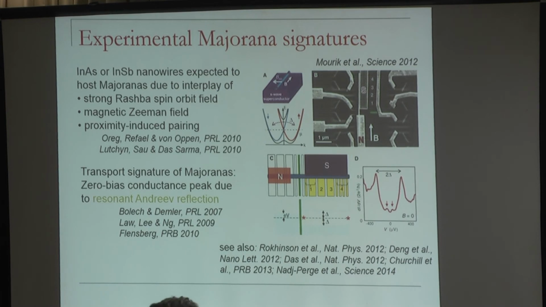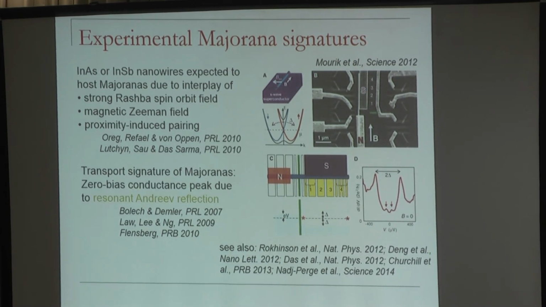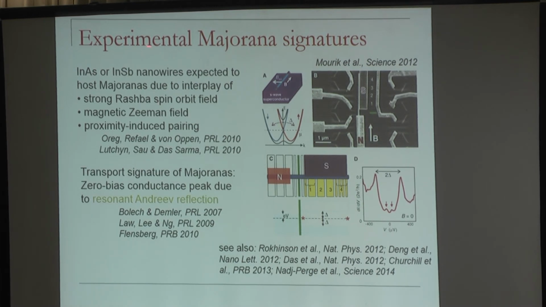Now let me briefly come to the experimental signatures of this type of physics. As I said, we expect in indium arsenide or indium antimonide nanowires to see Majoranas with the interplay of strong Rashba spin orbit coupling, magnetic Zeeman field, and proximity-induced pairing.